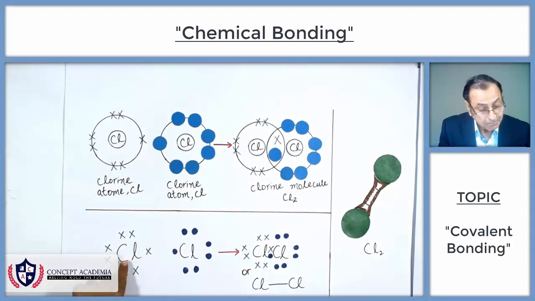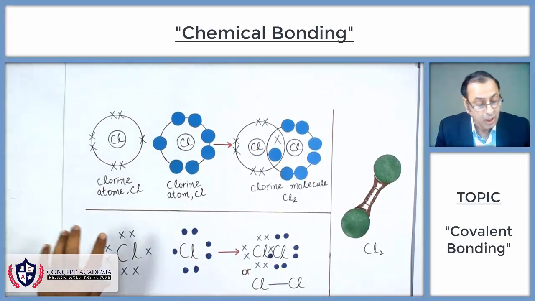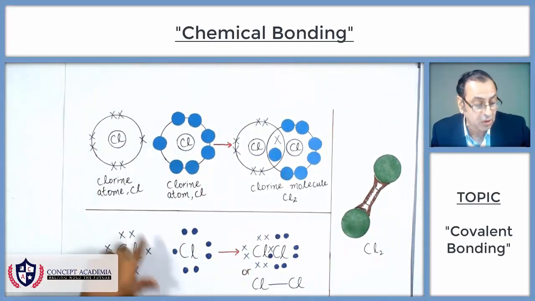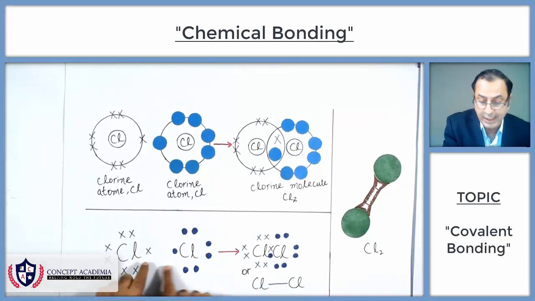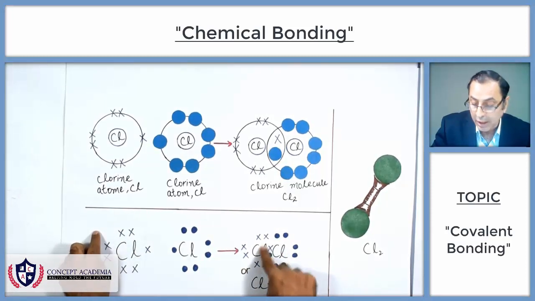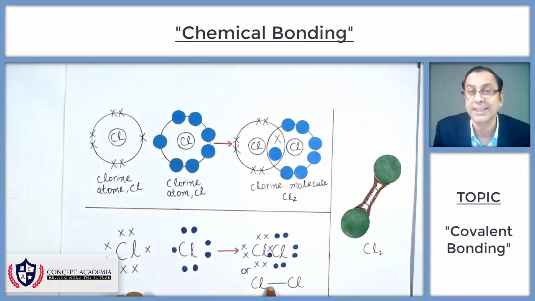And I can show it this way, that this chlorine is having 7 electrons, this chlorine is having 7 electrons. One atom's electrons are shown by crosses, and the second atom's electrons are shown by dots. One electron from each is shared, so there is a pair of electrons which is shared between 2 chlorine atoms, and because it is only 1 pair of electrons, it is a single covalent bonding, and this is chlorine.